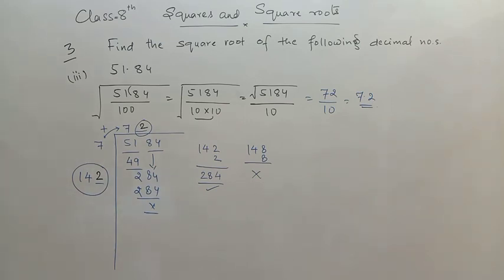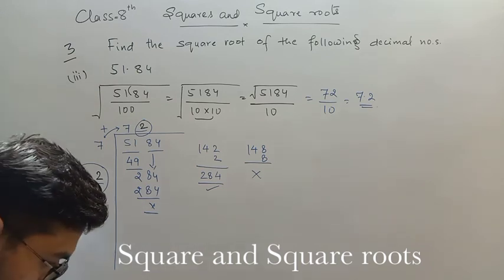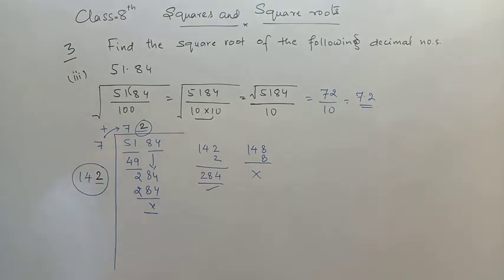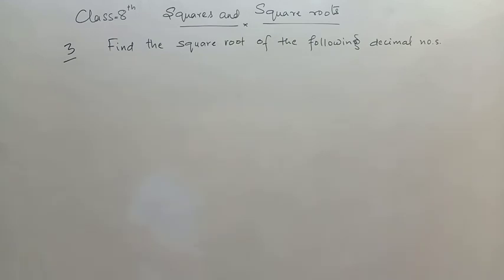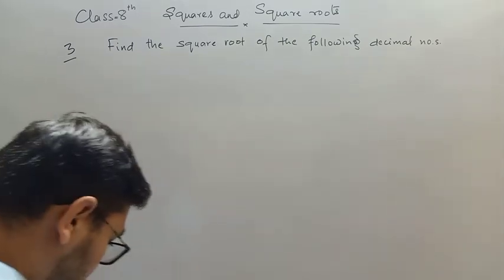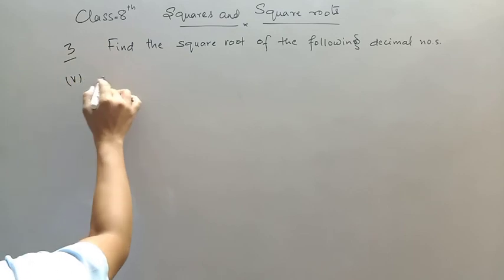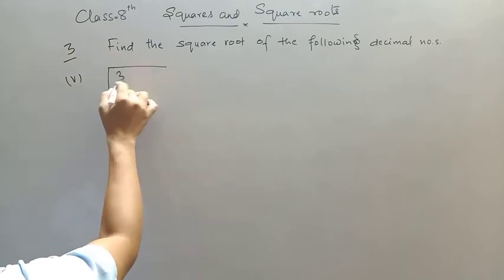Then I'll solve one more part of this question. That is part 5. Rest is for your homework. Now the 5th part is the square root of 31.36.